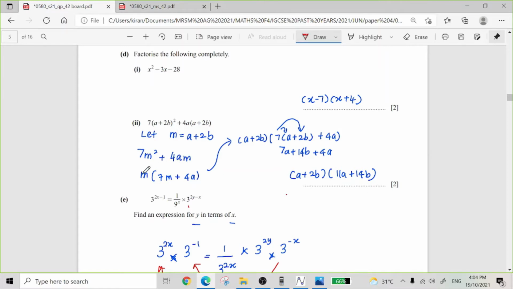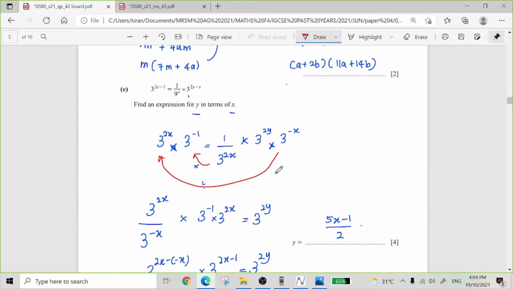When I factorize, I just put m outside the bracket, 7m plus 4a, and then I substitute back m equal to a plus 2b. Then I expand and simplify, and I get the factorization is (a plus 2b) times (11a plus 14b).